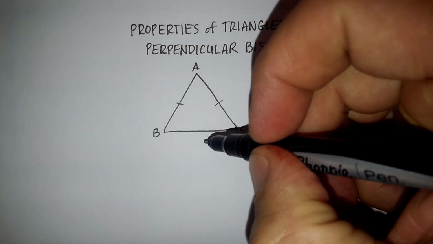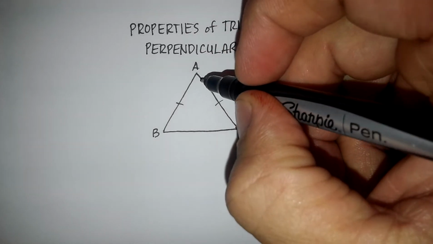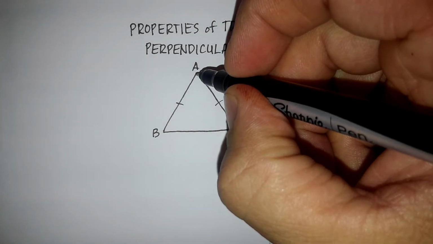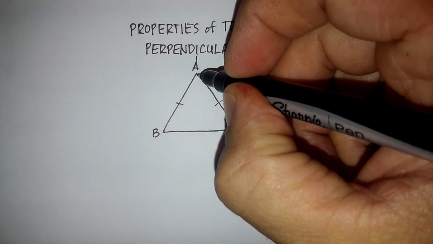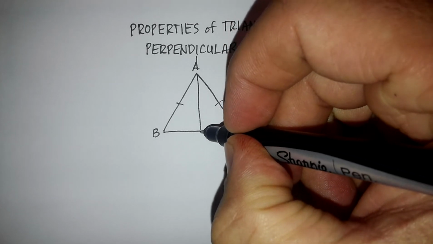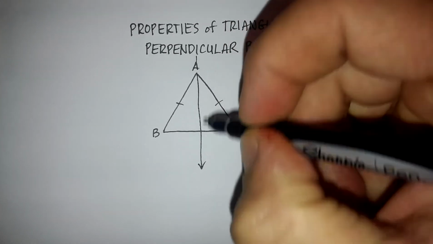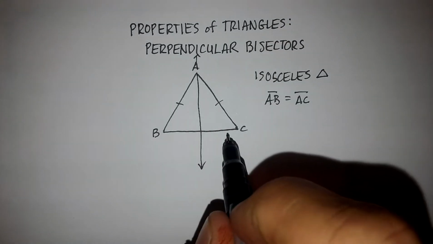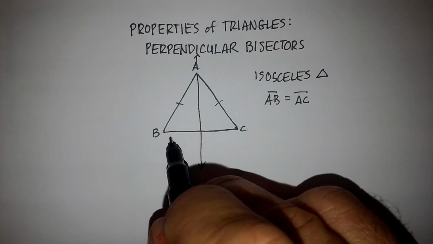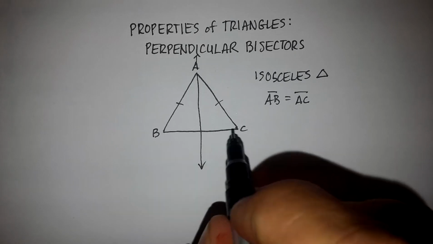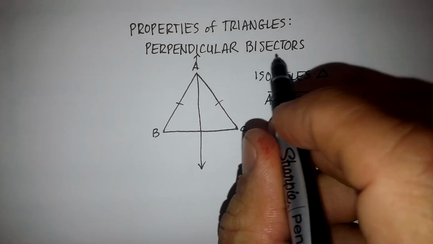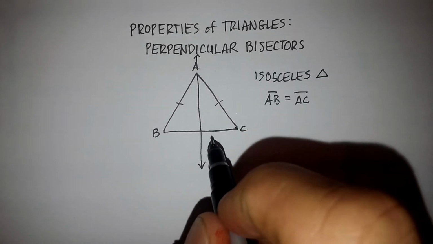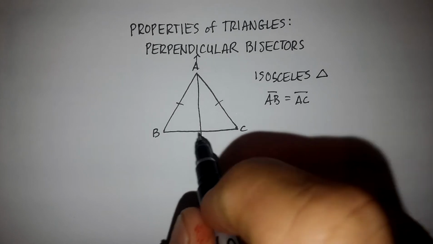If I were to draw a line, and remember that a line goes on for infinity, okay? If I were to draw a line through the line segment BC, I would create a bisector. It means that I've divided this into two equal lengths.